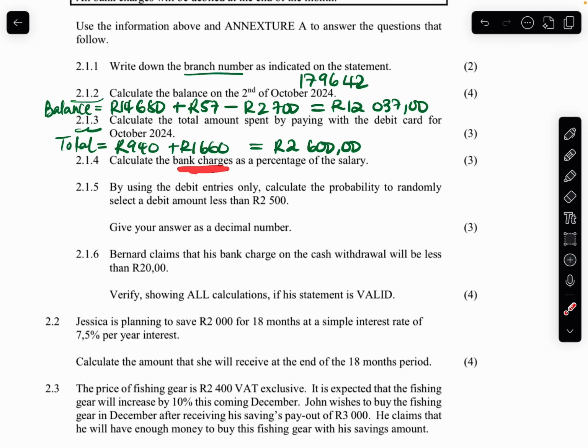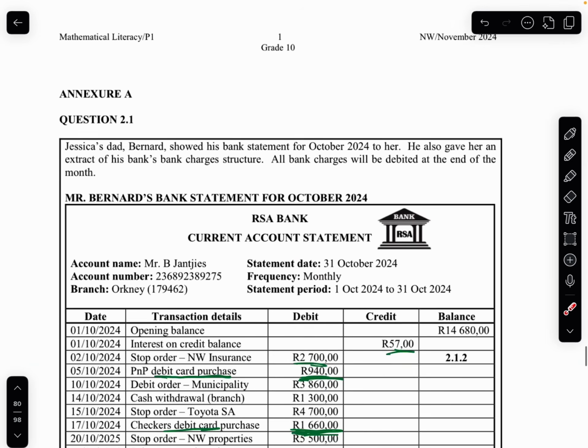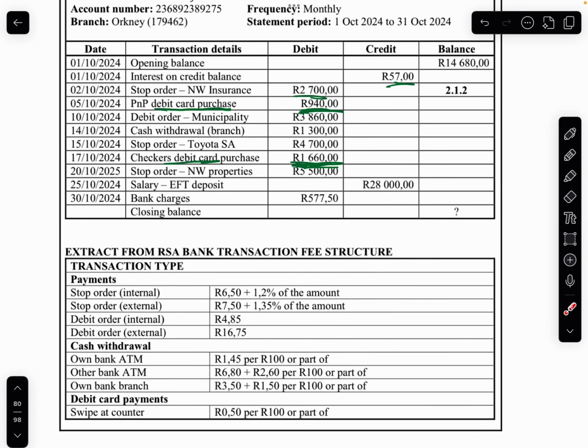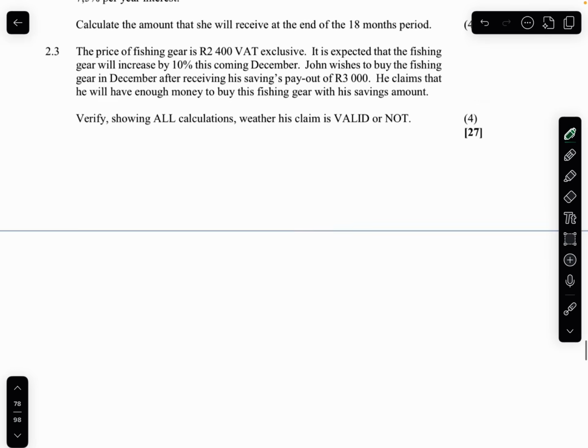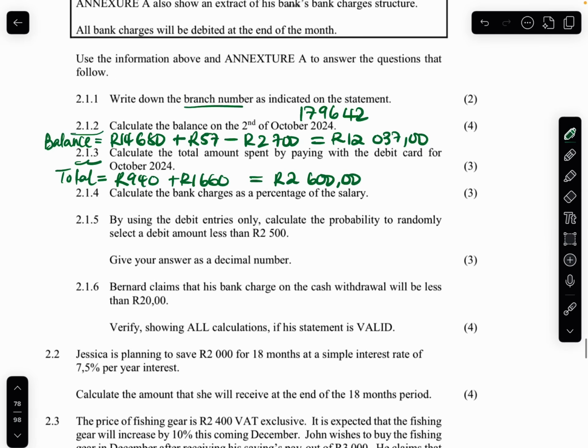Now, 2.1.4, calculate the bank charges as a percentage of the salary. So, basically, here, what do we want? We go to the bank charges. Where are the bank charges? The bank charges here, it's 5. Let me highlight it. This is the bank charges versus the salary. What is the percentage of this out of this salary? Right, the salary is 28,000 and the bank charges it's 557 rand 50. What is the percentage of that out of the salary? That's what it wants.